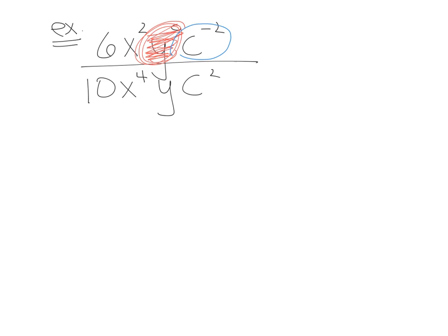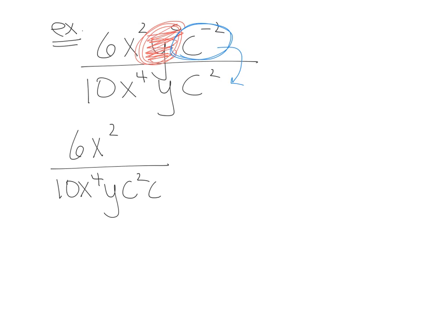I see a negative exponent, and you really don't want to have to divide negative exponents. So whenever you have a fraction with a negative exponent, you always want to move it. Negative exponent's going to go down. So I'm going to have 6x squared over 10x to the 4th y, c squared, because this c squared I just moved down. So now I'm going to clean some stuff up. 6 over 10, type that in my calculator.